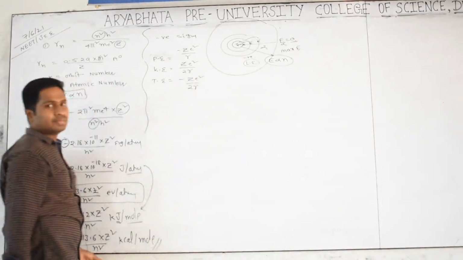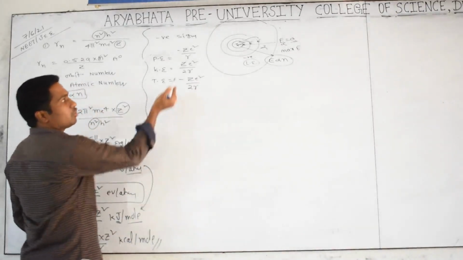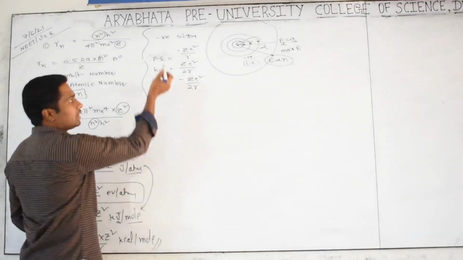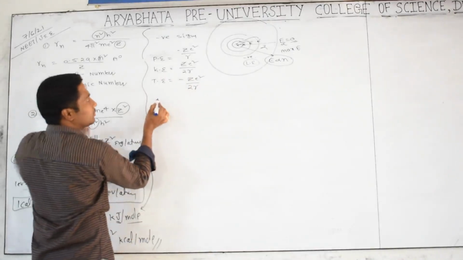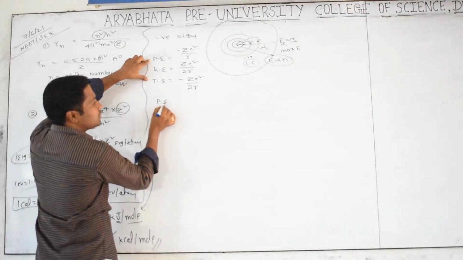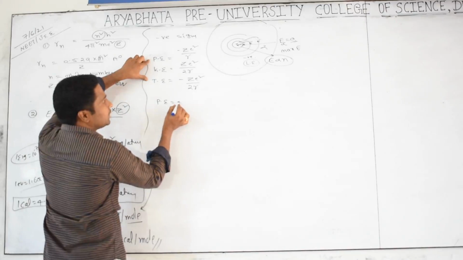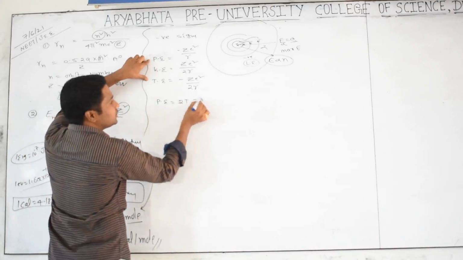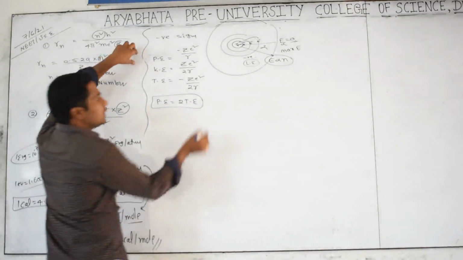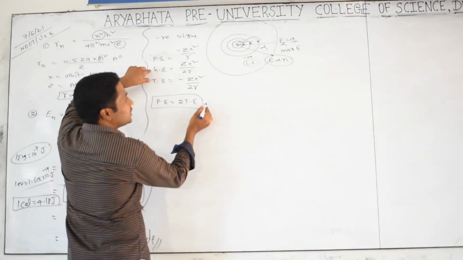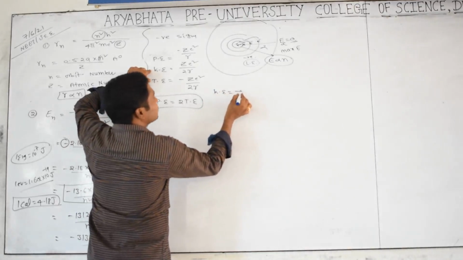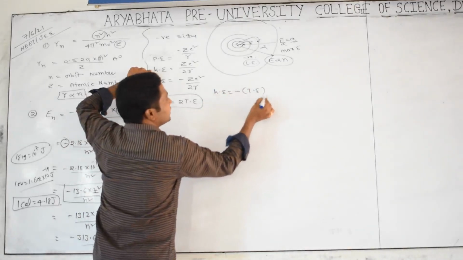Z means atomic number, R means radius. I want the relation between these terms. Potential energy is equal to 2 into total energy, and kinetic energy is equal to minus of total energy.